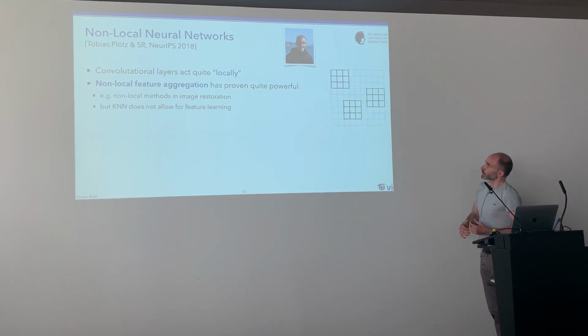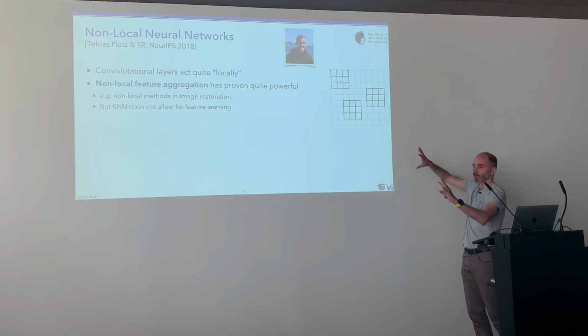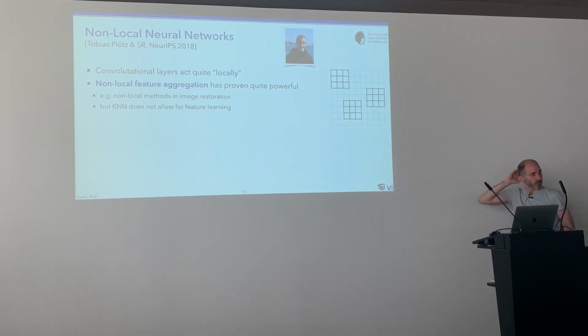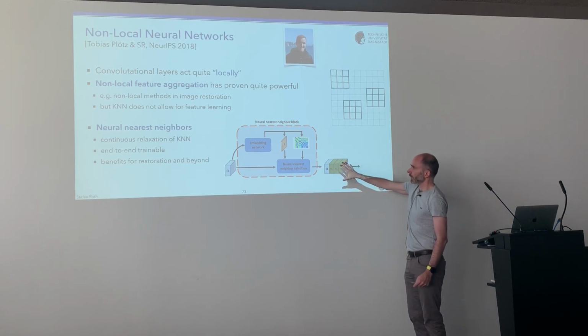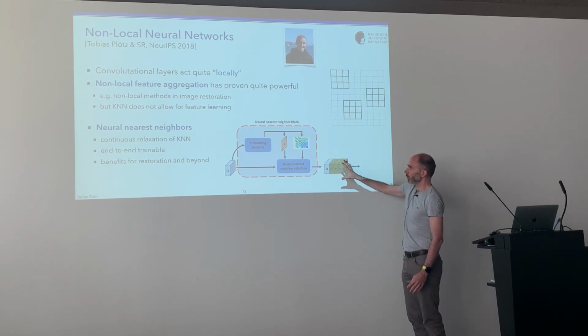So what we proposed is a non-local layer for networks where, similar to these non-local image methods, you try to find the k nearest neighbors in the image plane and aggregate basically the patches from there. Okay? And I'm not going to describe to you how we do this, but we basically have an end-to-end trainable way of retrieving k nearest neighbors.